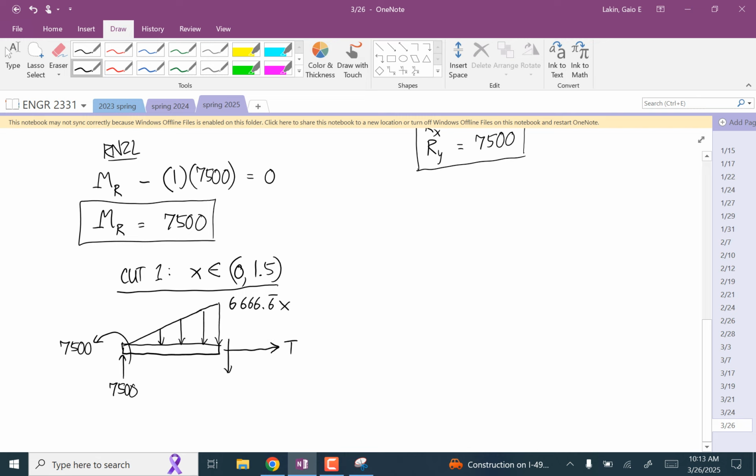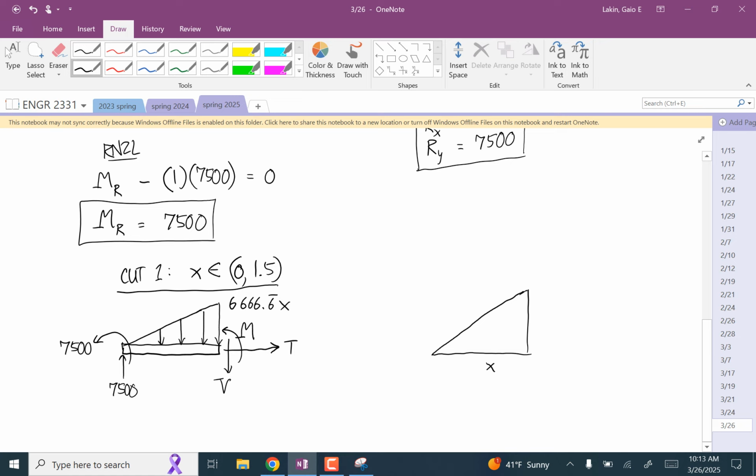And then T, V, M. So we have 0, 7,500, plus, oh, I'm kind of getting ahead of myself here. Do we have to find the magnitude? We do.